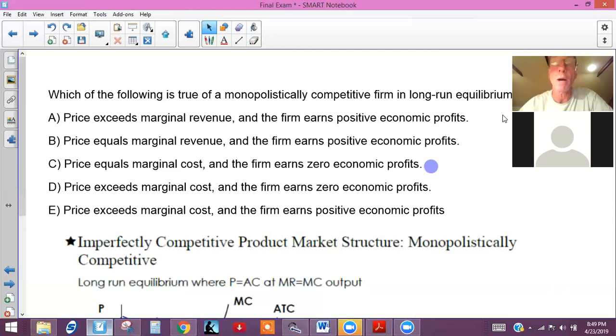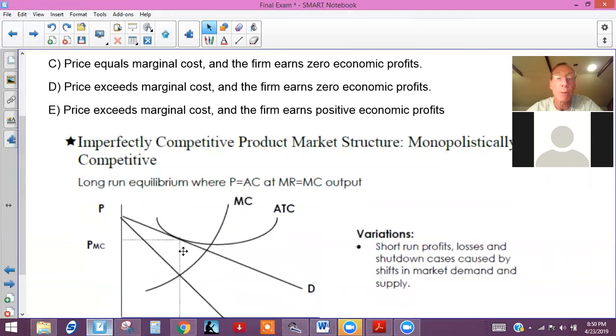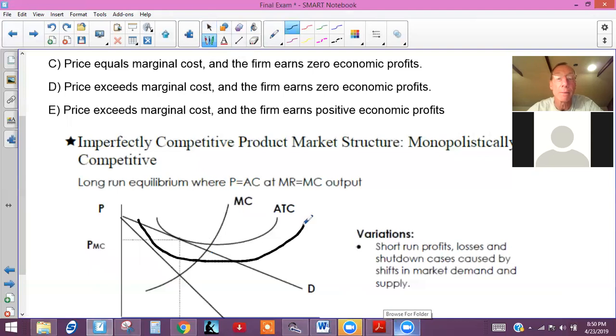Okay. So A. Price exceeds marginal revenue, and the firm earns positive economic profit. Well, if a firm is earning positive economic profit, that means price is above average total cost. So the average total cost curve, and I can't draw it, but I'll try again, would be down there, right?